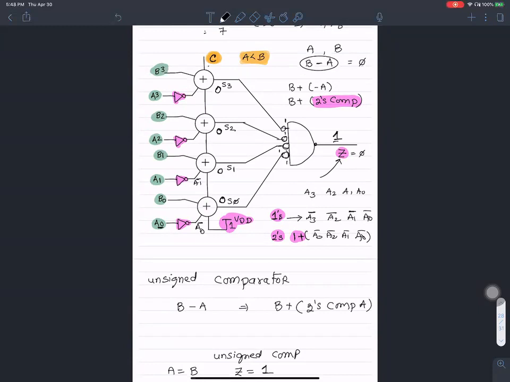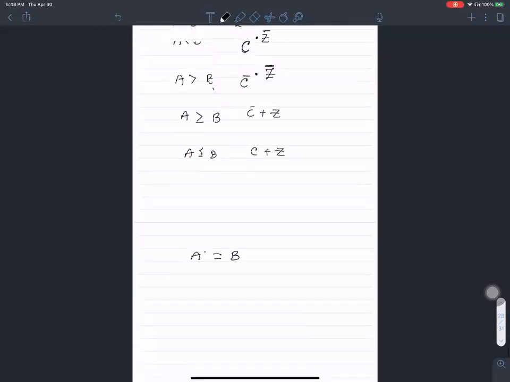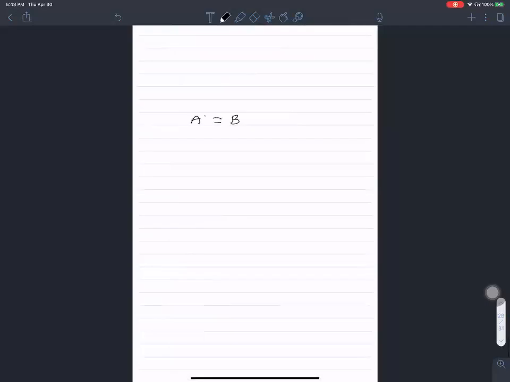Like I was thinking, if A equals B, let's add two numbers. 1010 is B, and I'm trying to subtract 1010. So in order to do that, I have to generate 0101 and add a 1 to it. It becomes 10110.